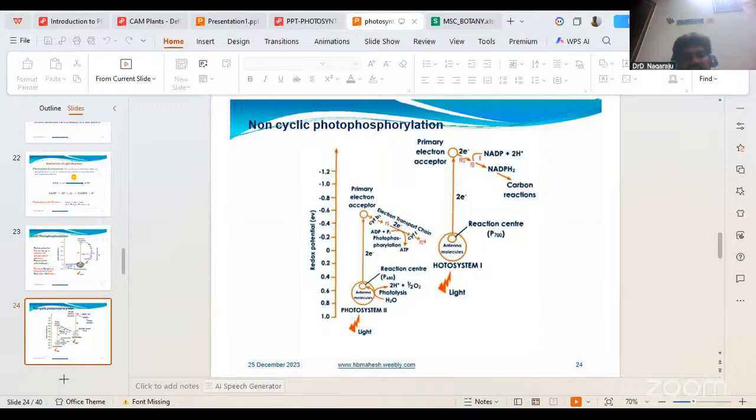The protons which were released are absorbed, and it forms the NADPH2.